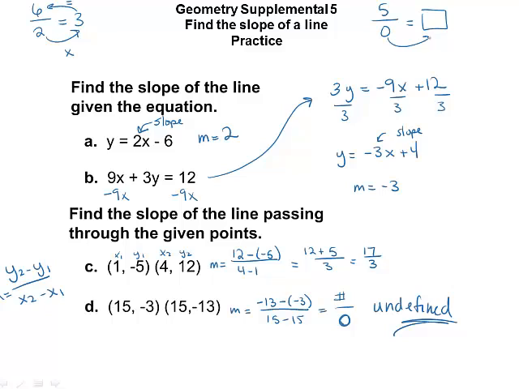I need something times 0 that will equal 5. There's nothing. That's why it's undefined, because there's nothing that I can multiply 0 times to equal anything other than 0, because 0 times everything is 0, right? So you can't divide by 0.